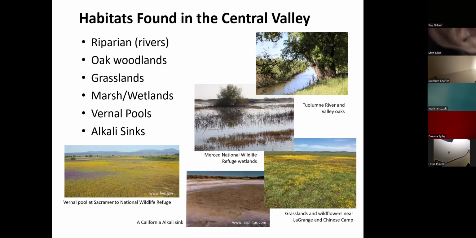There are other oaks in the grassland, but the valley oak will be along the river. Then grassland, the marsh, wetland, vernal pools, which are pools that exist only during the spring due to very hard soil and the water evaporates, and alkali sinks, which are found mostly in the southern end of our valley.